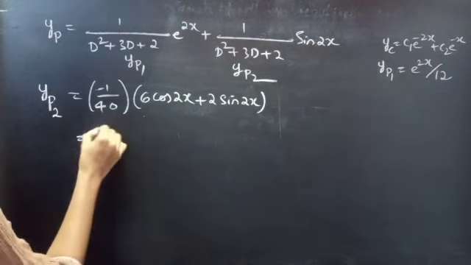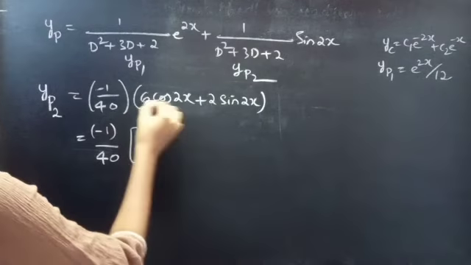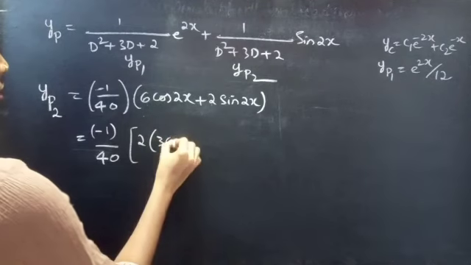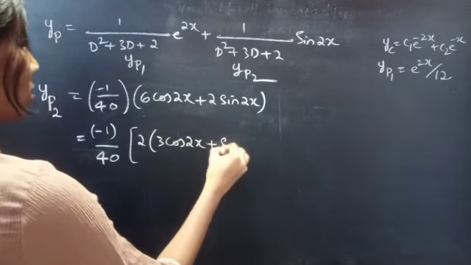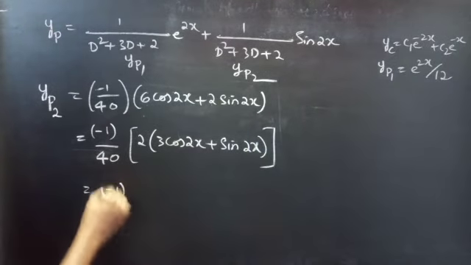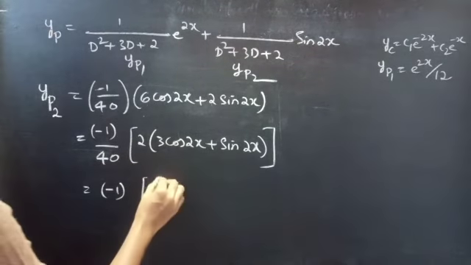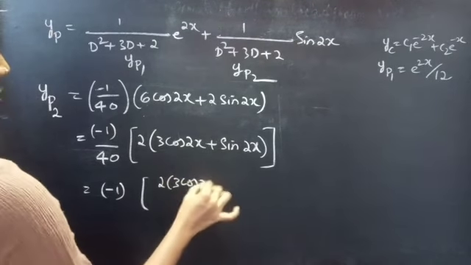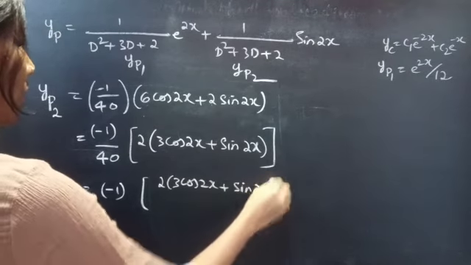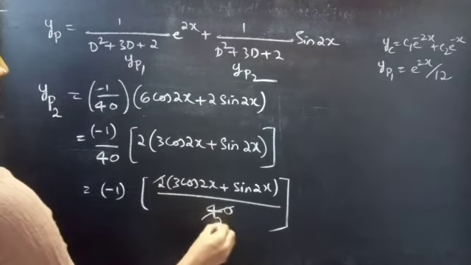You can split this as minus 1 by 40 into, now take 2 common from these two terms, you'll get 2 times, 2 3s are 6, right? 3 cos 2x plus sin 2x. Now this equals to minus 1 into, take this 1 by 40 inside the brackets, you'll get 2 times 3 cos 2x inside the square brackets, okay? Sin 2x by 40. 2 ones are 2, 20s are.